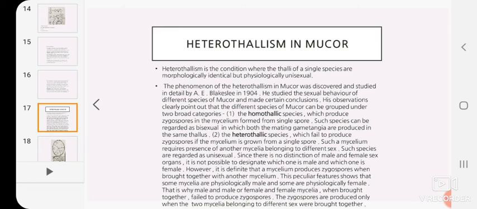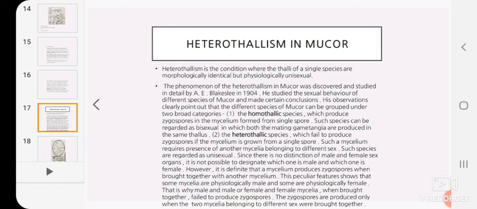Later on, he observed that zygospores were produced when the fusing gametangia belonged to positive and negative mycelium, and zygospores were not produced when the fusing gametangia belonged to both positive strains or both negative strains. So that means there is some physiological difference; although they are morphologically identical, physiologically they are different, and one belongs to the positive strain and the other to the negative strain.